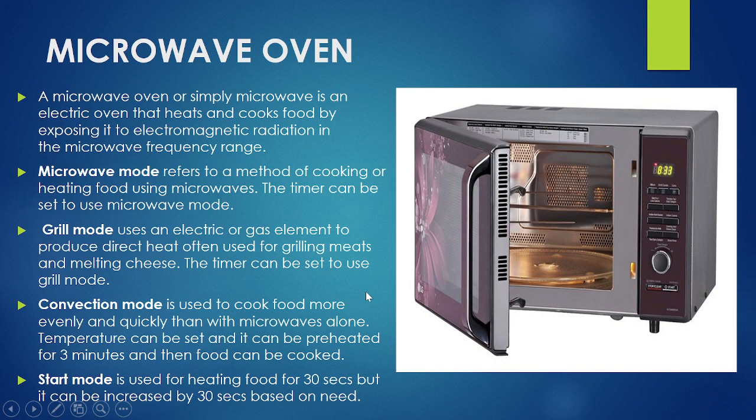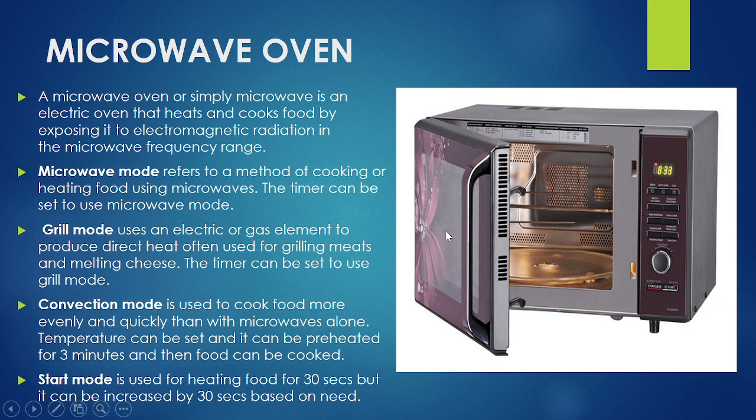Moving forward, talking about our project, the microwave oven. A microwave oven, or simply microwave, is an electric oven. We generally use this for heating and cooking at home, and it uses electromagnetic radiation in the microwave frequency range.